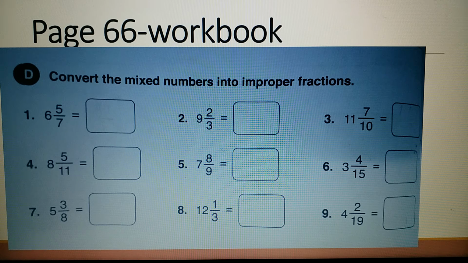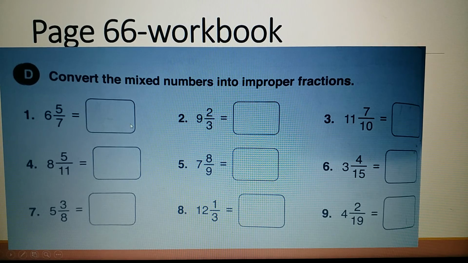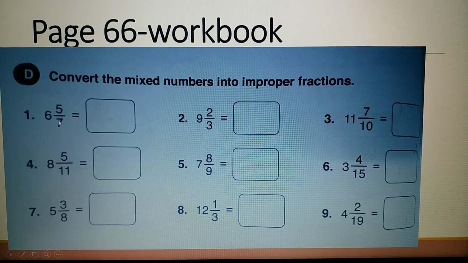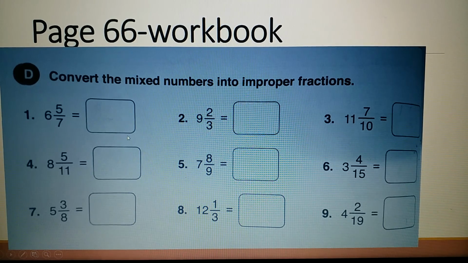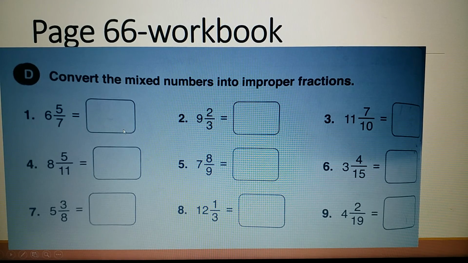We got 42, plus 5 equals 47. Okay, so 47 will be our numerator, and then we're going to carry the denominator, which is 7. So the answer is 47 over 7.